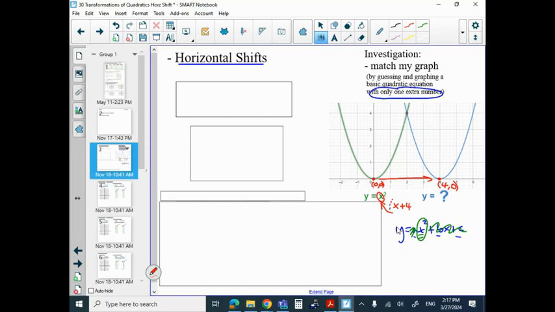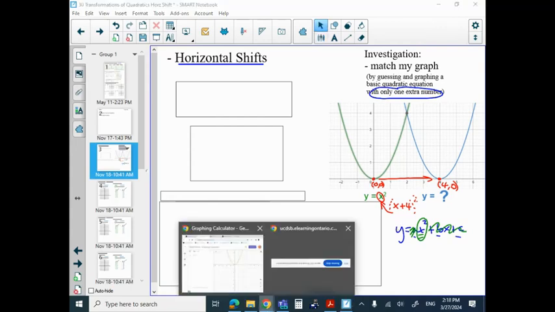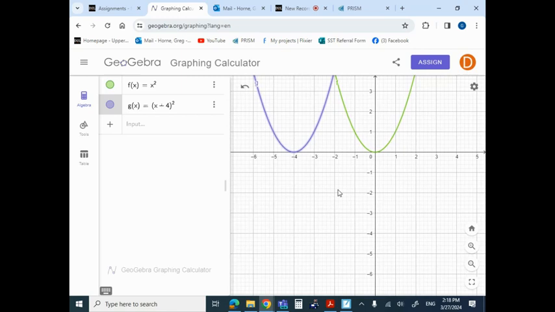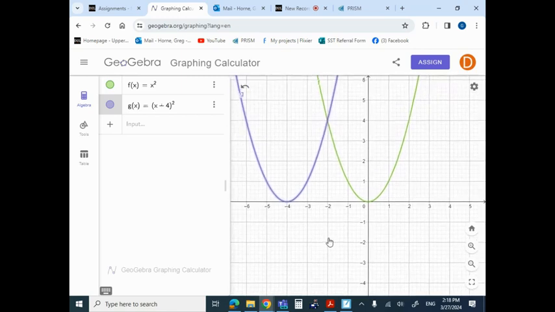Outside of that, the thing has to be squared. So I'll put in that guess of x plus 4, all squared, with a power of 2, and show you what it does. It looks kind of like what we're looking for, but it went the wrong way.